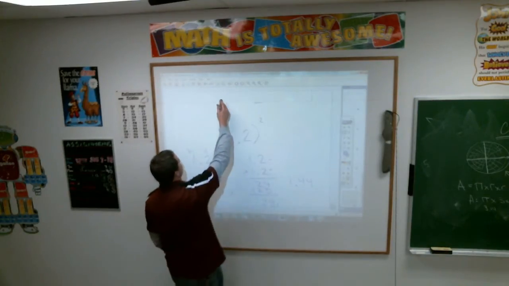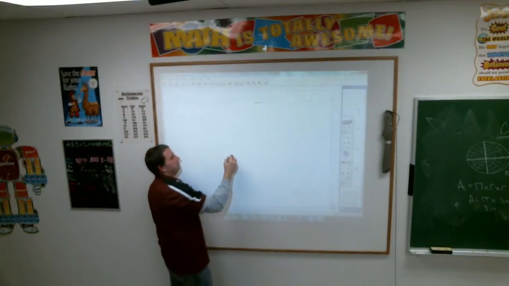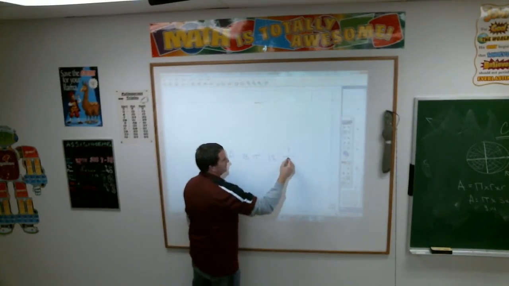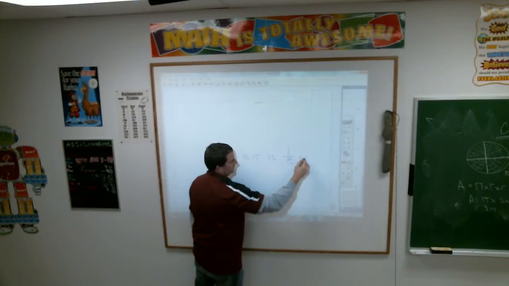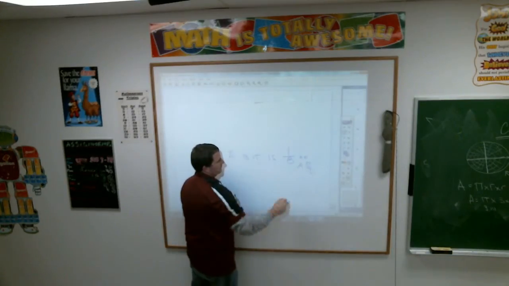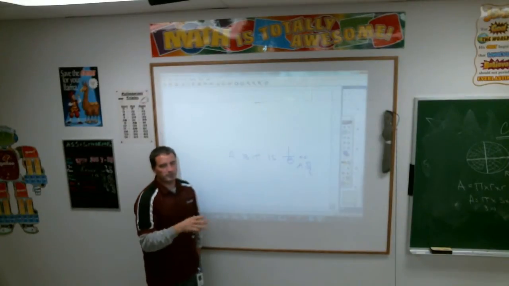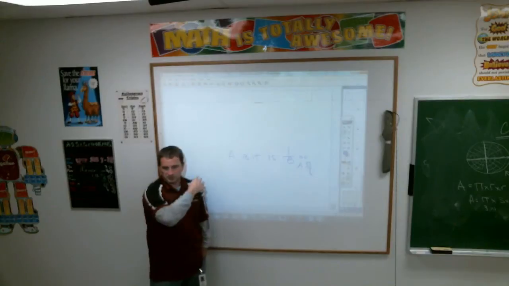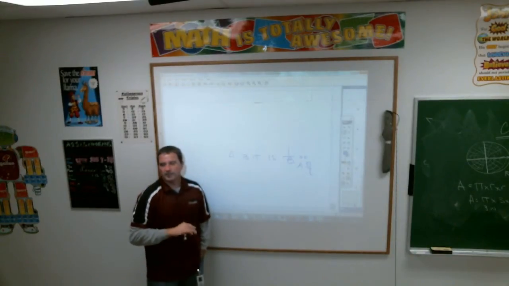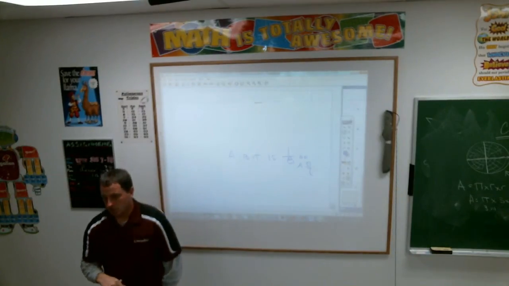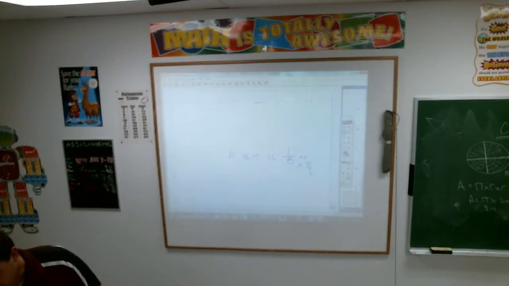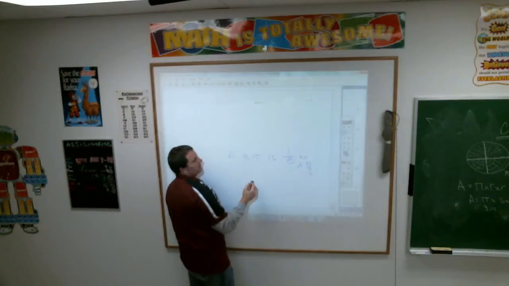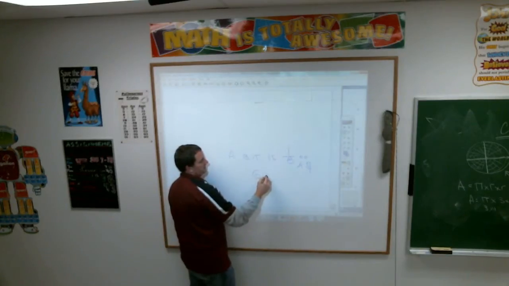Question number 3 on today's assignment says this. A bit, an old term for money, is 1/8 of $1. So hence the song would go 2 bits, 4 bits, 6 bits. The next one, instead of saying 8 bits, which is $1, because there's 8 and 1 is $1. The book asks you this, how much is 6 bits? If 1 bit is 1/8 of $1, how much is 6 bits?